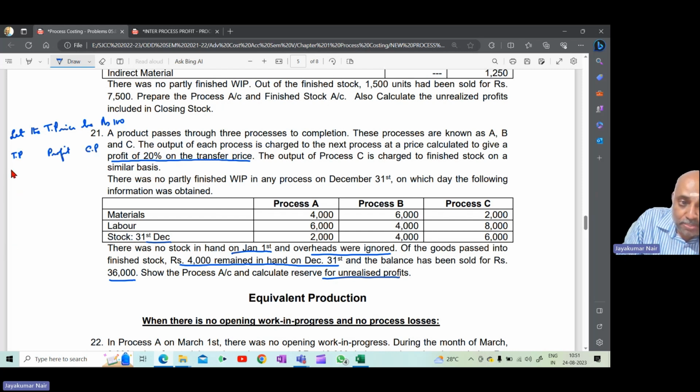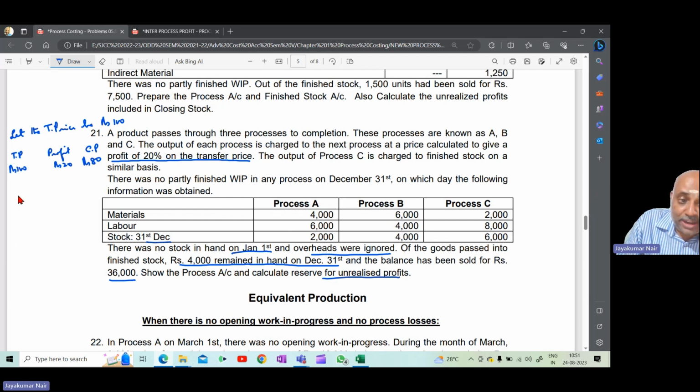If the transfer price is rupees 100, you will be adding 20 rupees as your profit, because profit is on the transfer price and not on the cost. So if you want to determine the cost price, 100 minus 20 is 80. So 80 rupees is the cost price.